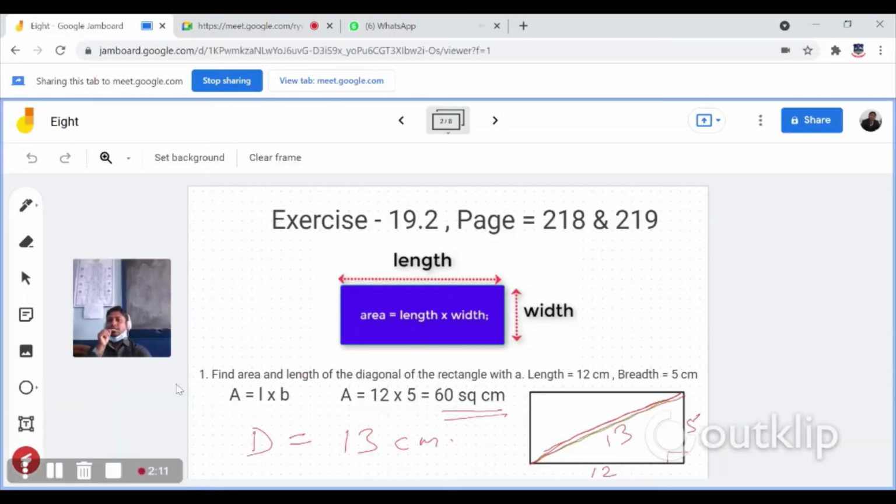So see, one of you read this question number 1 for me. Please read. Nobody is reading. Okay, Manish, if you are there, you can read this question number 1 for me. Manish is lost.